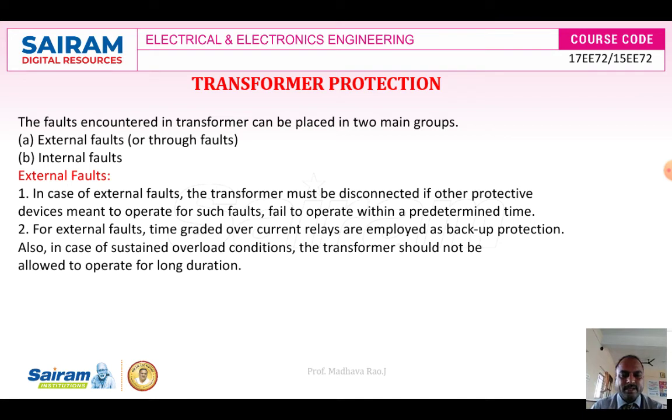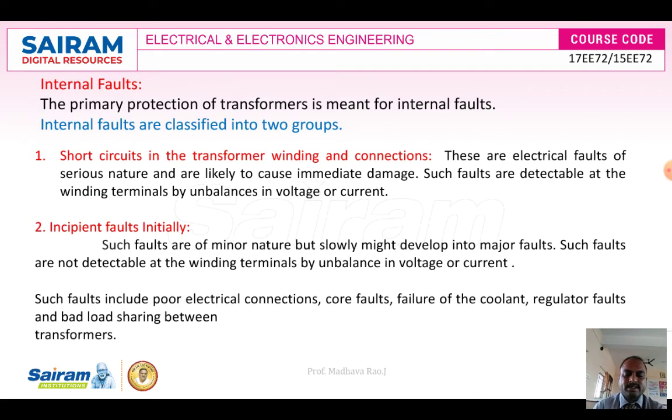About internal faults, we discussed that they are classified into two groups: short circuit and incipient faults. Short circuit is a major fault and the entire thing will be damaged, but we can detect it by voltage or current.